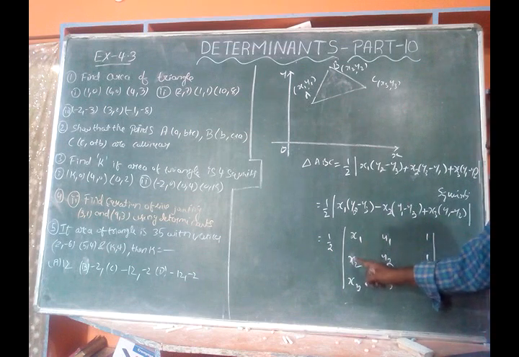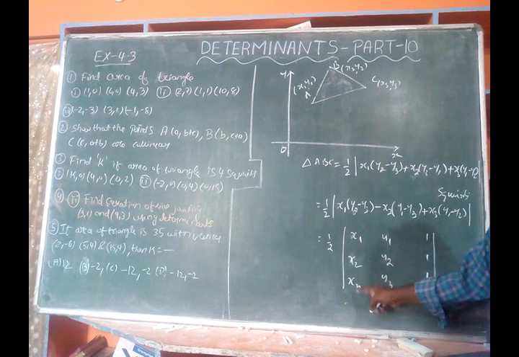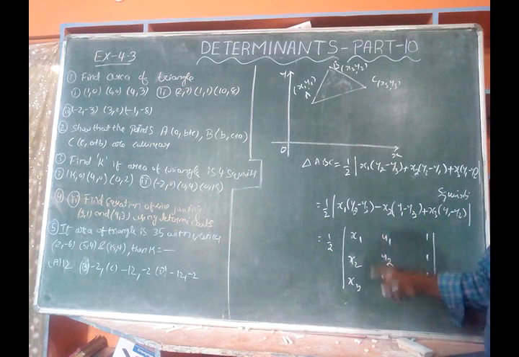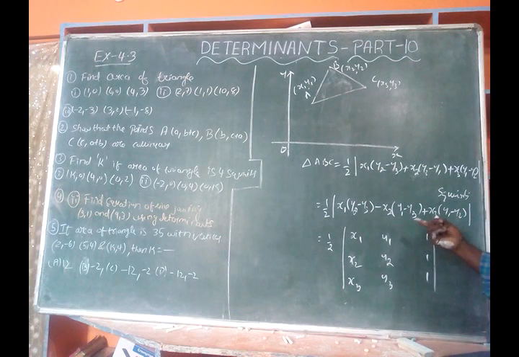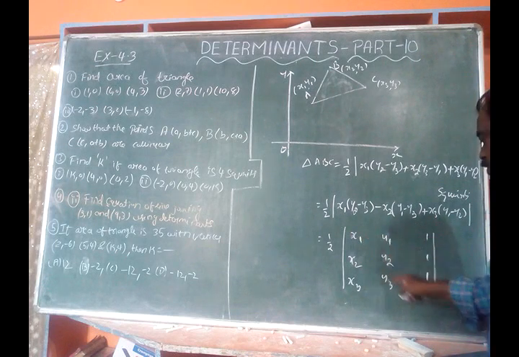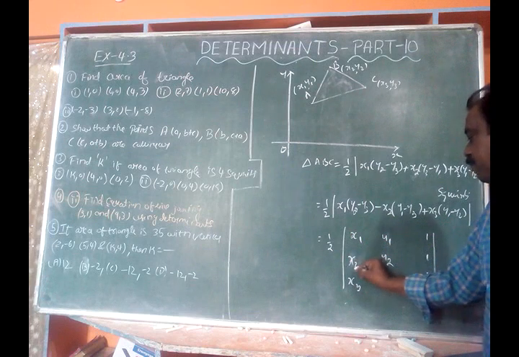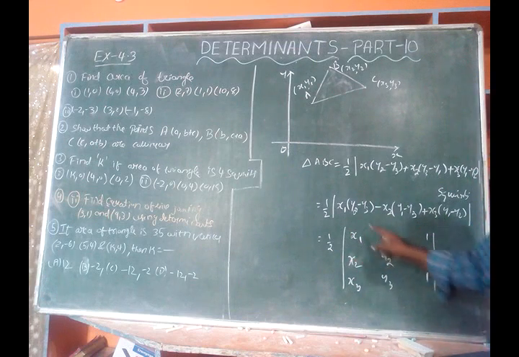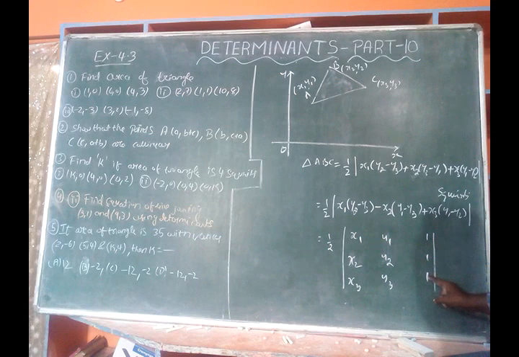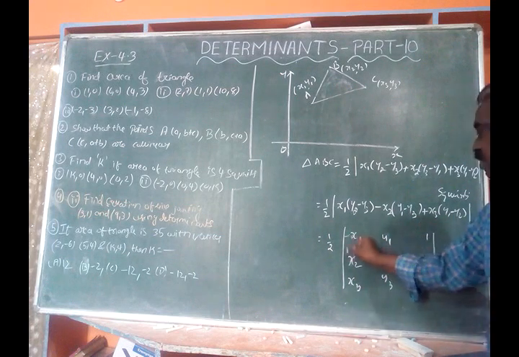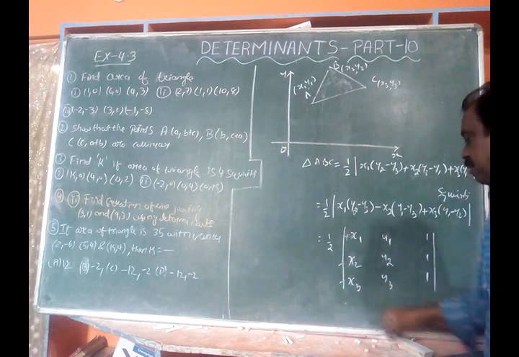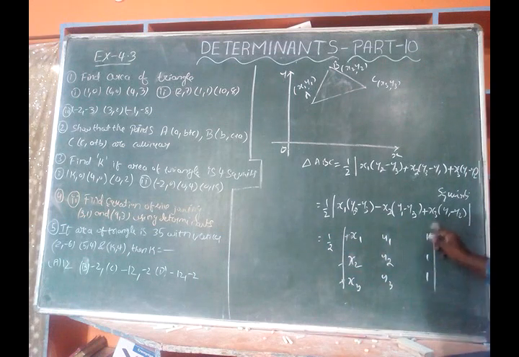Plus x3 of its minor, y1 minus y2. I am expanding along the first column or first row; whatever it may be, it is the same. We know it well.